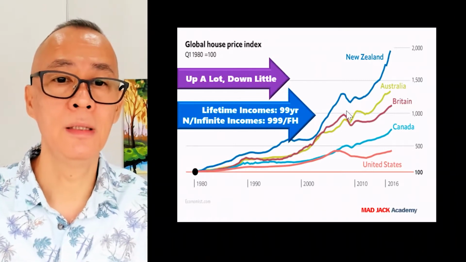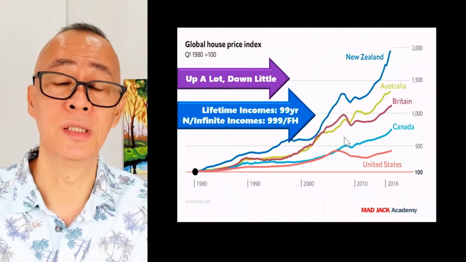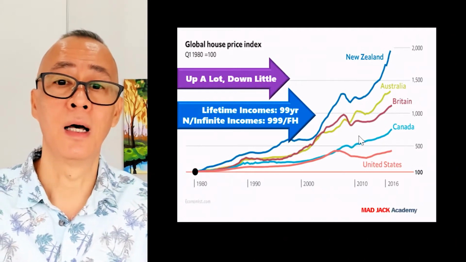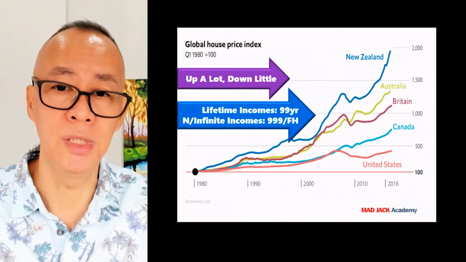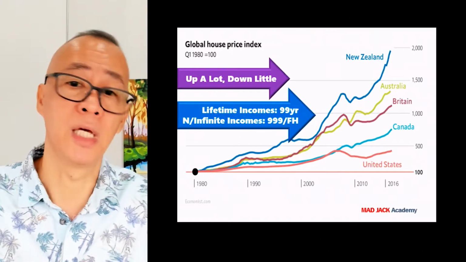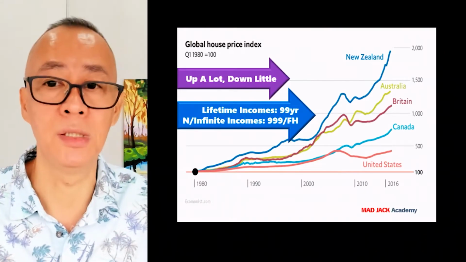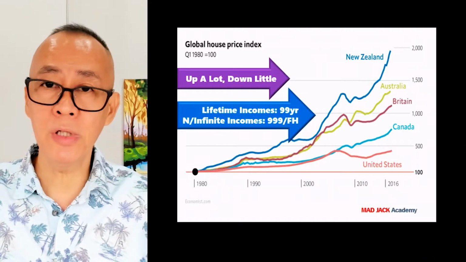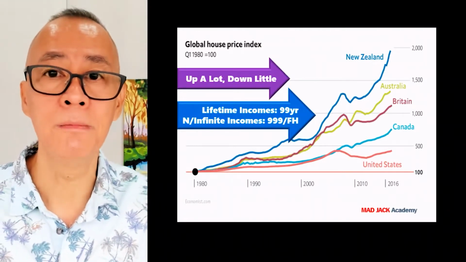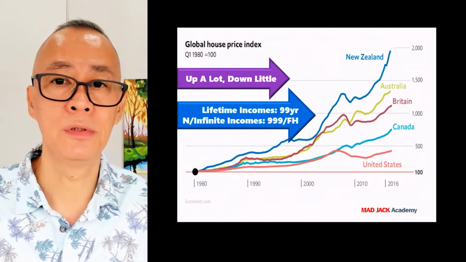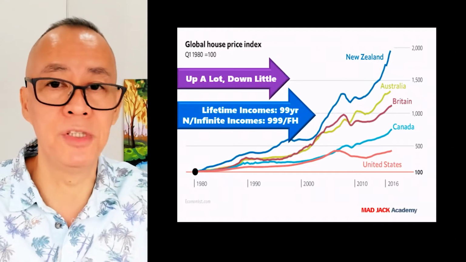And secondly, it is a lifetime income. If you're buying a property with 99 years, why do I say lifetime? Say you buy a property even in your early 20s, are you going to live until 99 plus 20, which is about 120 years old? So it's a lifetime thing when you own a property. Now, if you look at the income level, say you buy a property for $1 million, your rent could be say 3%, a very conservative number.